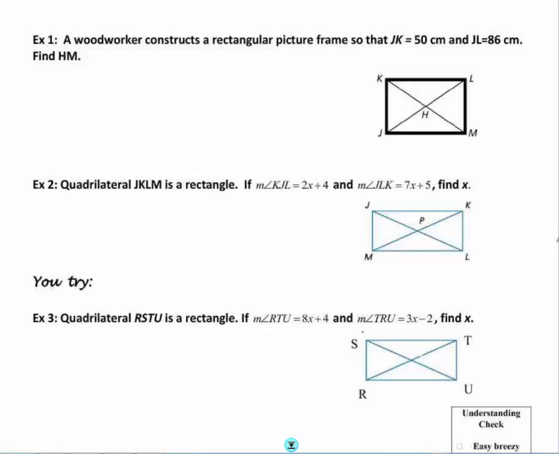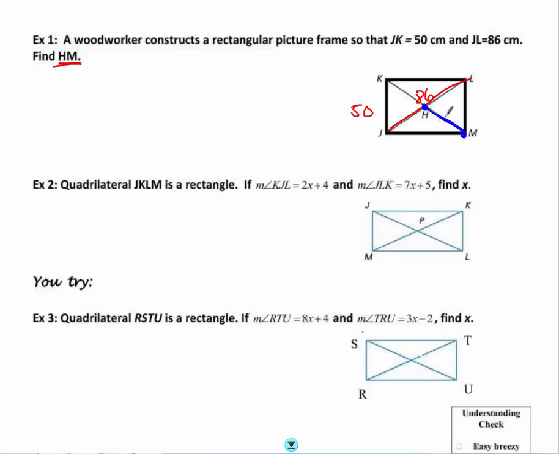So take a quick look at a couple of examples of the type of problems we'll do with rectangles. A woodworker constructs a rectangular picture frame so that JK is 50 centimeters. So JK is 50. And JL, that's this distance right here, is 86. And our problem tells us to find HM. Well, HM is from here to here.